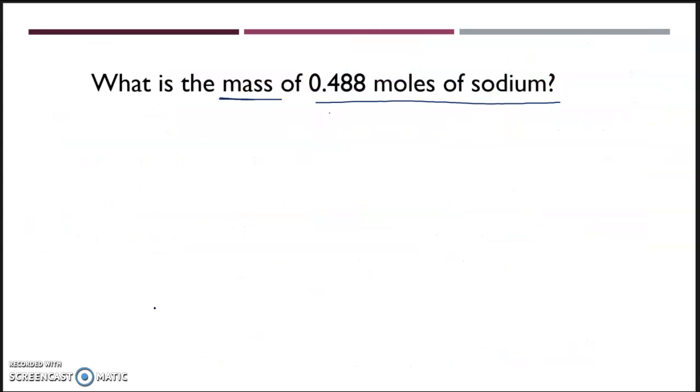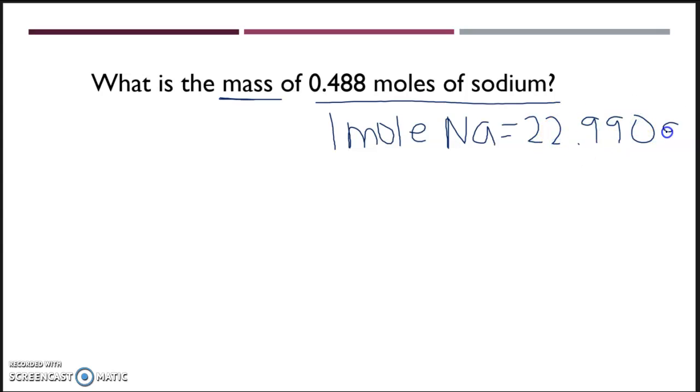So let's write that out. 1 mole of sodium, which is Na, not S, equals 22.990 grams of sodium. So I have my conversion. I'm looking for mass, which is grams, if you did not know that. I have my moles. Now we can set it up.